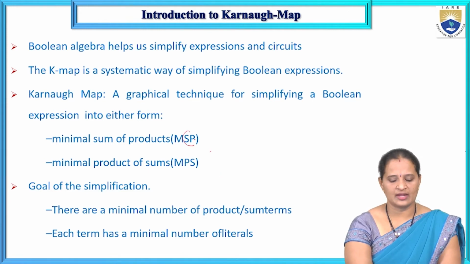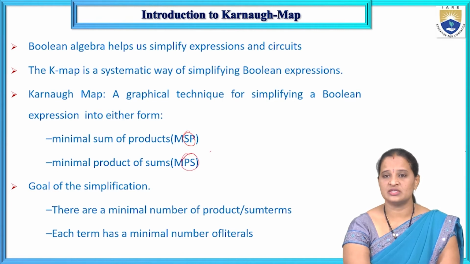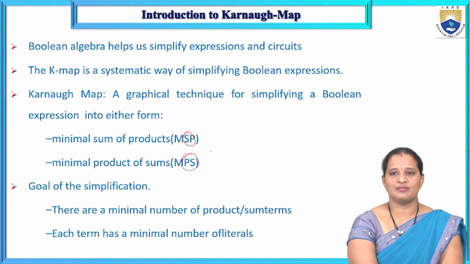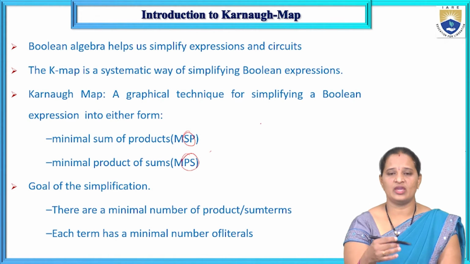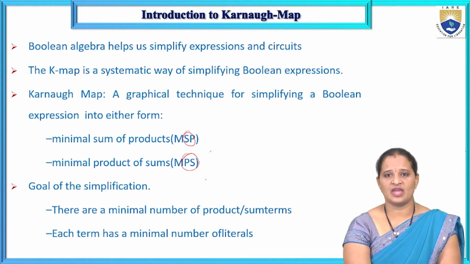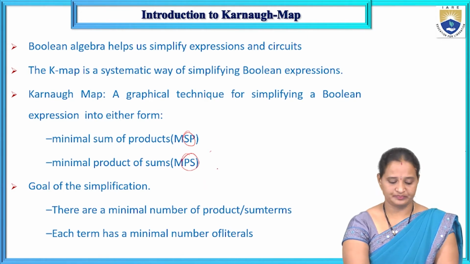As we all know, there are sum of products and product of sums, but minimal means that by using the K-map method we can get the minimized or simplified expression. That is why we call it minimal SOP and minimal POS.